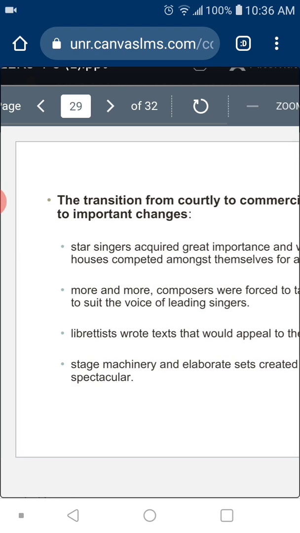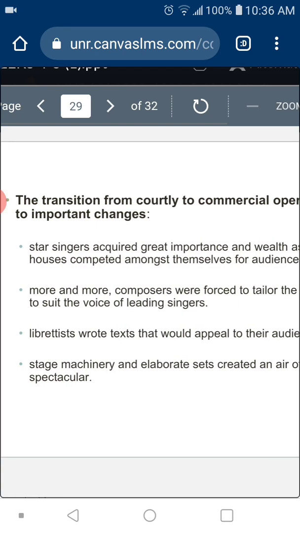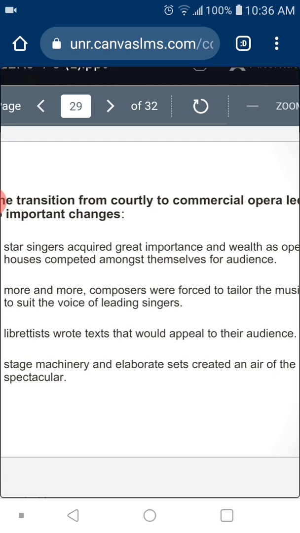The second important aspect is that composers were forced to write music to accommodate and suit the vocal abilities of the singers. The third aspect is that the librettists, those writing the stories of these operas, now had to write plots that appealed to the audience, not just some aristocrats.